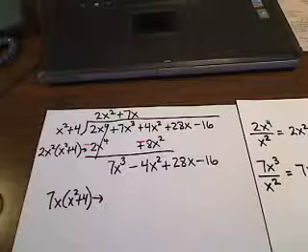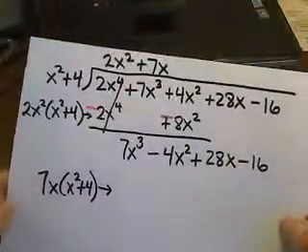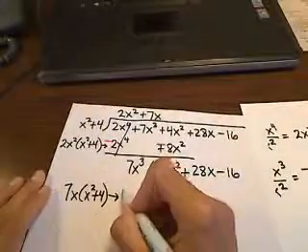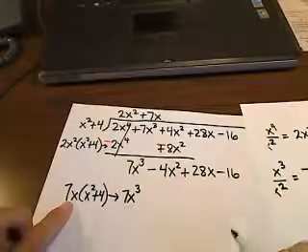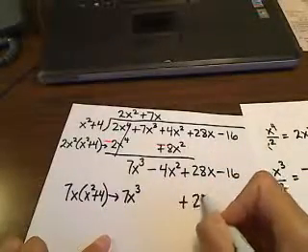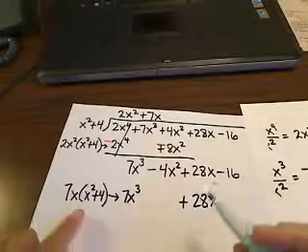Okay, so that's going to be what goes on this next line right here. All right, so that becomes 7x cubed when I distribute this. This times x squared, 7x cubed, and then plus 28x.